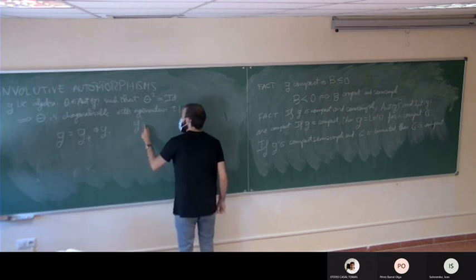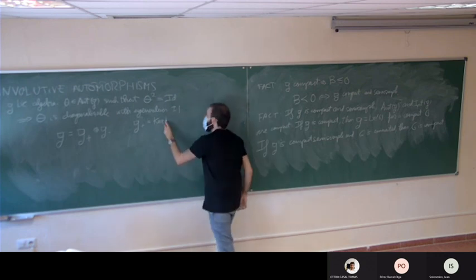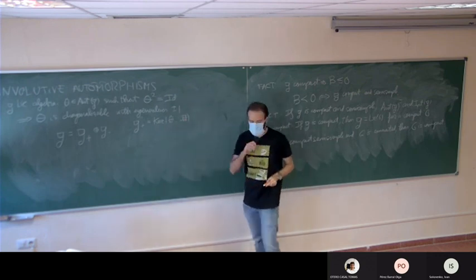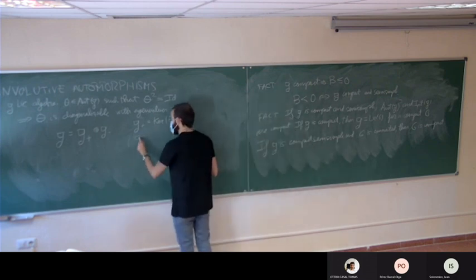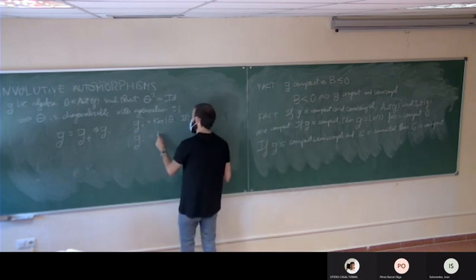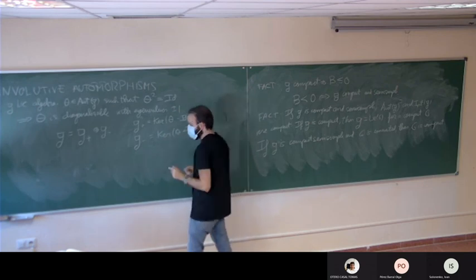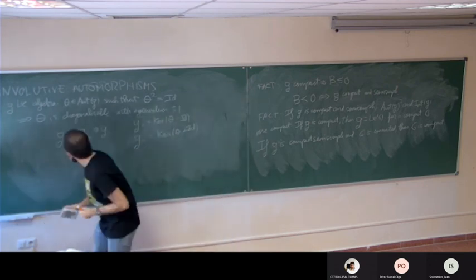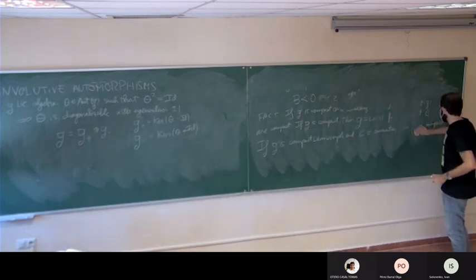So G plus is the eigenspace for 1, the set of elements where theta acts as the identity, and G minus is equal to the eigenspace for minus 1, the set of all elements where theta acts as multiplying by minus 1.